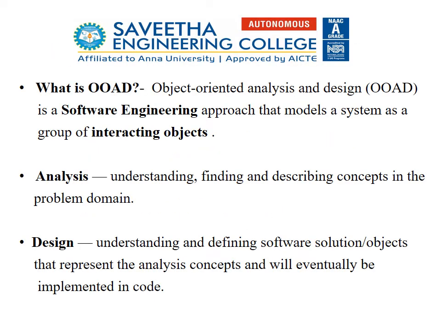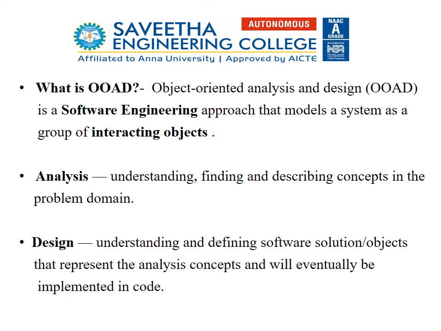Let us fine-tune our discussion and have the formal definition for OOAD in this slide. So what is OOAD? OOAD is nothing but a software engineering approach that models a system as a group of interacting objects. Based on the problem domain, we will have multiple objects defined which will be interacting with each other to accomplish a specific purpose.